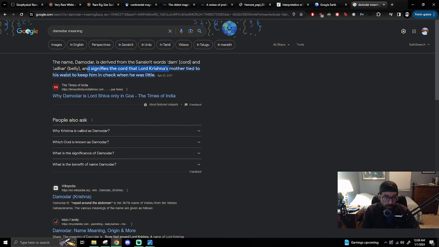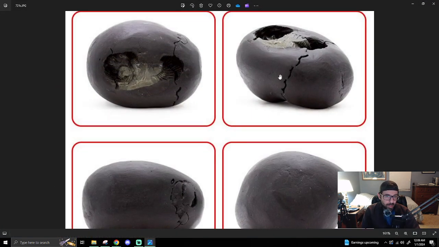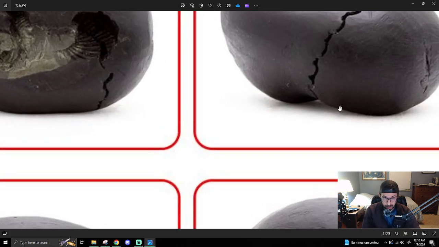Damodar is derived from the Sanskrit word dam, meaning cord, and udar, belly, and signifies the cord that Lord Krishna's mother tied to his waist to keep him in check when he was little. So that's kind of what that is doing. It's like wrapping around it. A current that's wrapping around the waist of this rock and then squeezing to create this shape down here.